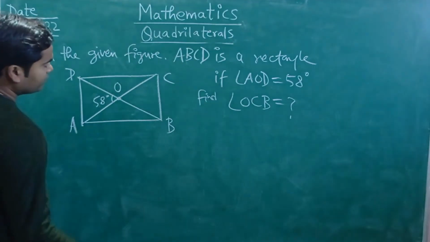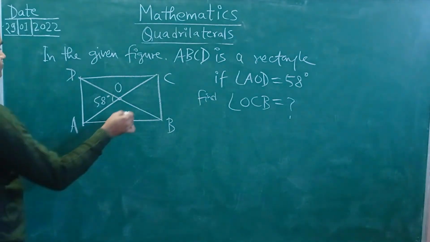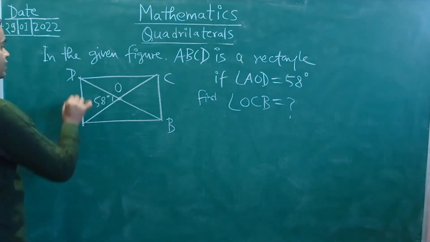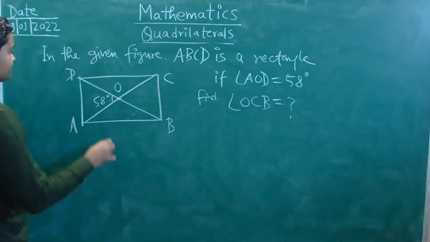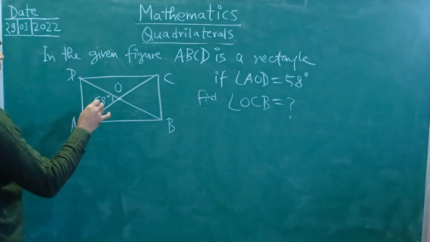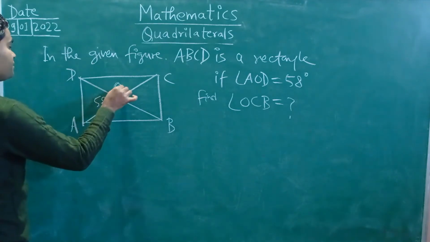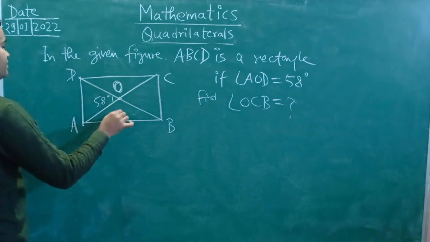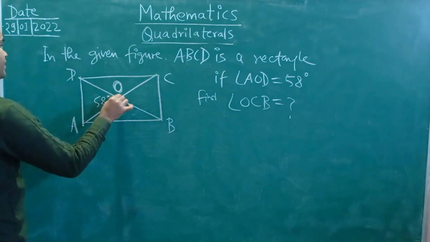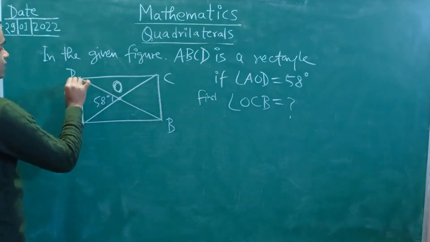So, students, we know that the diagonals of a rectangle intersect each other, or you can say bisect each other. Bisects each other means OA is equal to OC and OB is equal to OD.